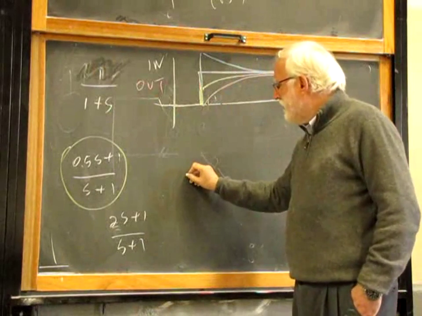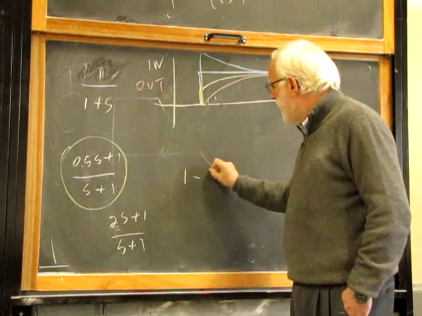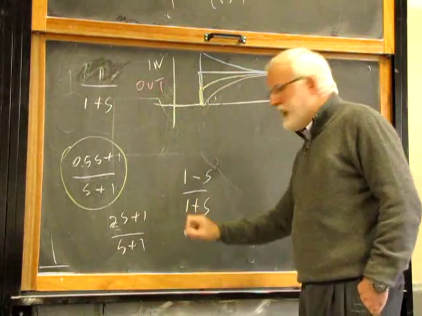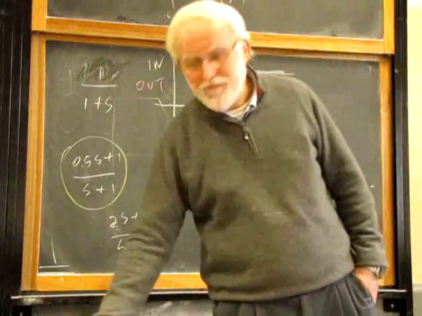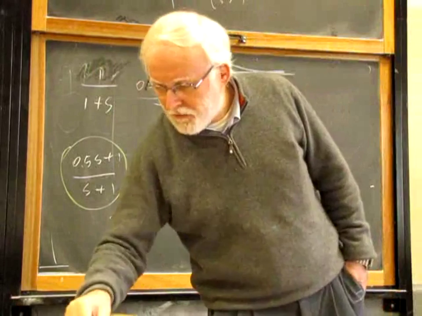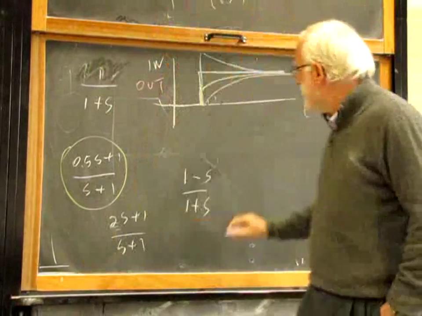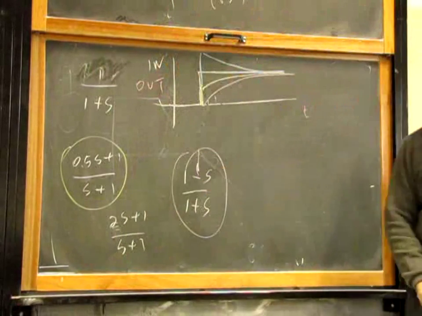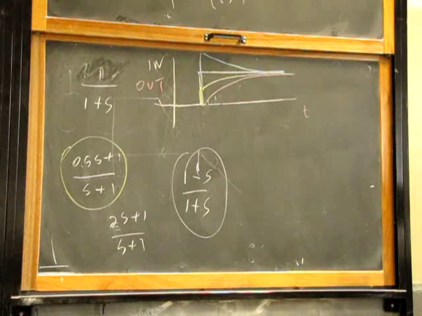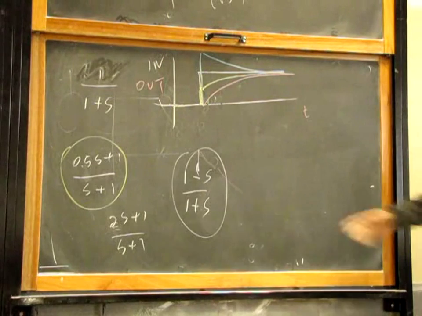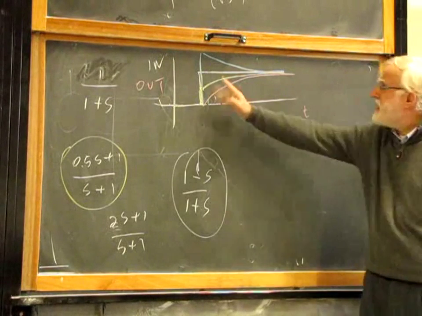Transfer function 1 minus s divided by 1 plus s. Here we have a right half plane zero. You see this negative sign. What's the output? Negative? Strange. Why? Well, because this is infinite frequency.